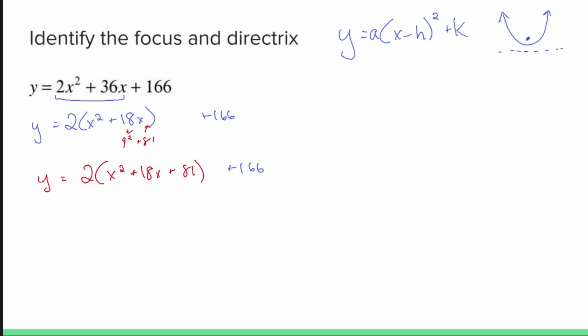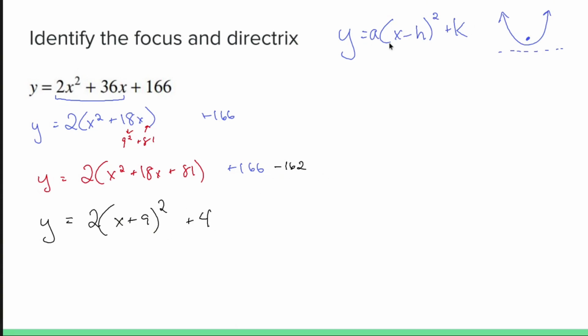You're not allowed to just randomly add 162 to the entire right side, so we're going to subtract 162 over here. Now what this allows us to do is say y equals 2, this is a perfect square trinomial, so x plus 9 squared plus 4.